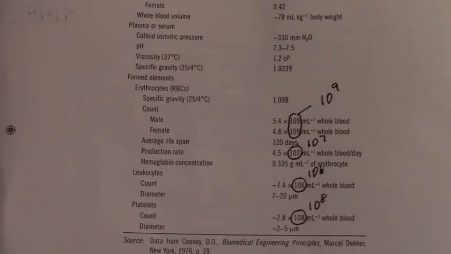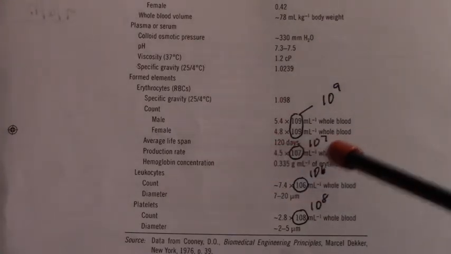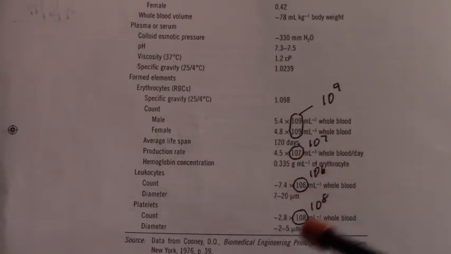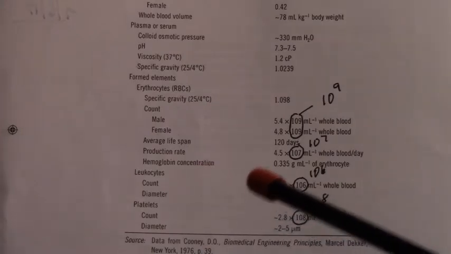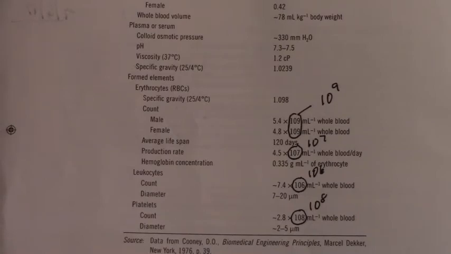They get removed from the bloodstream by the spleen, and the hemoglobin gets broken down and converted by the liver into bilirubin, which gets excreted out in your bile. Here's the production rate of red blood cells, leukocyte counts and their size. Leukocytes, white blood cells, tend to be quite a bit bigger than the red blood cells. So that's just a summary then of what's found in blood.